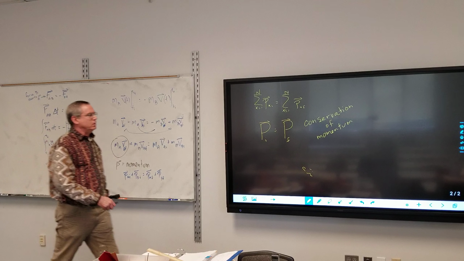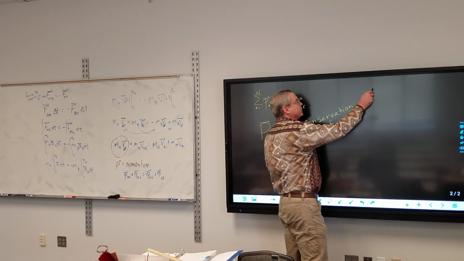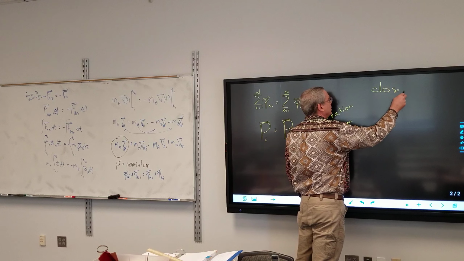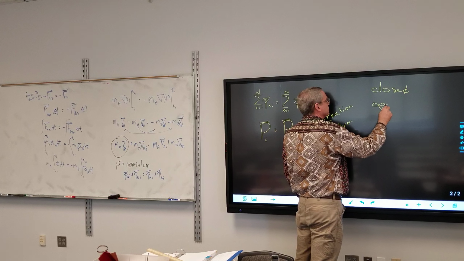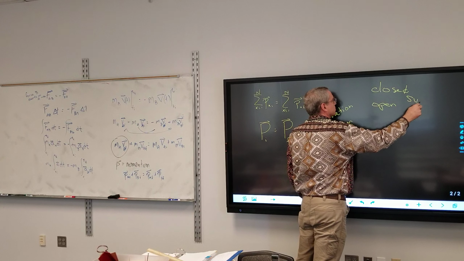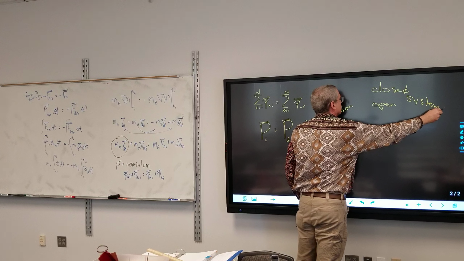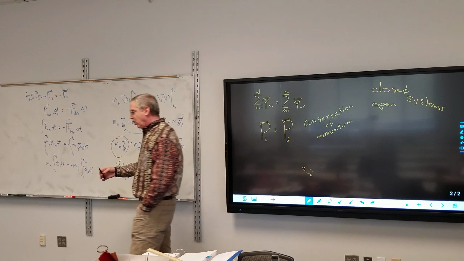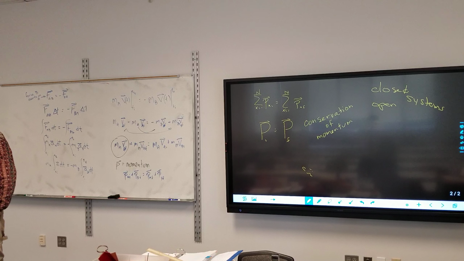So, introducing the concept of a closed system and an open system. In a closed system, I'm taking into account all of the objects that possibly have an influence. So in the case of the marker falling, what was pulling it down?